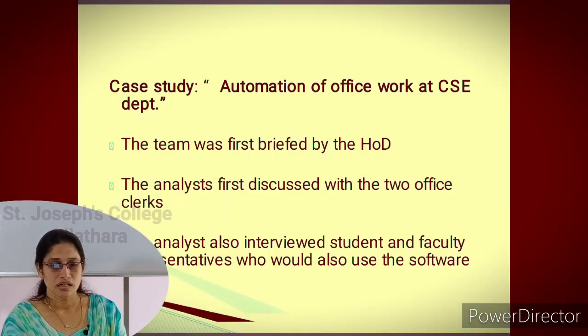Now, let's see how the student members of the development team went about gathering, analyzing and specifying the requirements. They selected the most experienced person, the student having good communication skill, to carry out the requirements gathering. They met the head of the department first and then tried to identify what exactly is required.